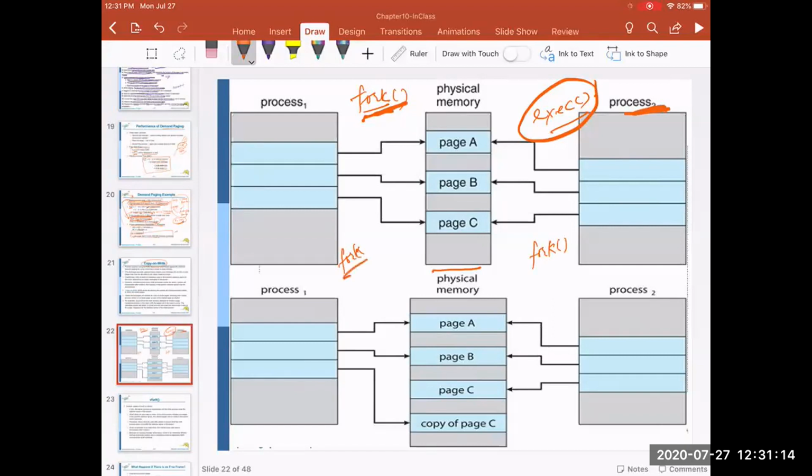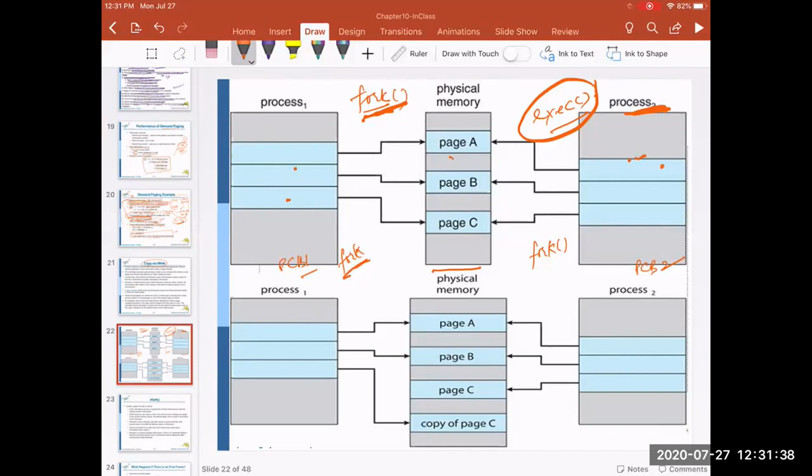They will start sharing their address space. This is the PCB for process 2, and this is the PCB for process 1. Their logical address spaces are different, but they are sharing the same physical address space. I hope this is clear now.